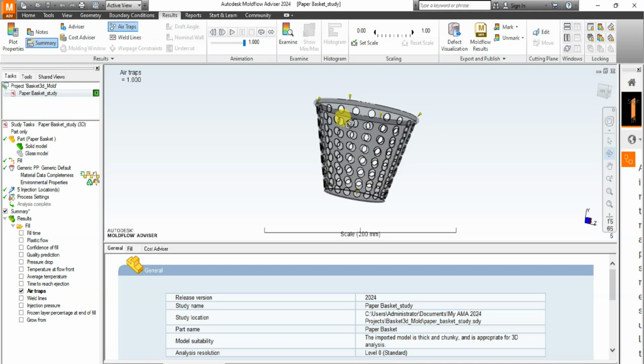Then also you can move the injection location so that the air traps move to areas that are easy to vent.